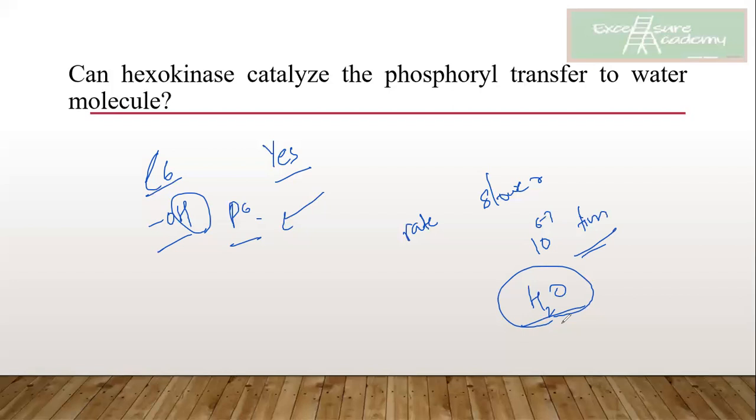Now, let's see what all answers I have got on this question. The first basic answer I got was that since it's a hexokinase, it is not going to work on the OH of water. It will only work on the 6 carbon glucose molecule, and not on water, because water is not a 6 carbon. That is also correct. You can give such answers, but you have to be very specific.